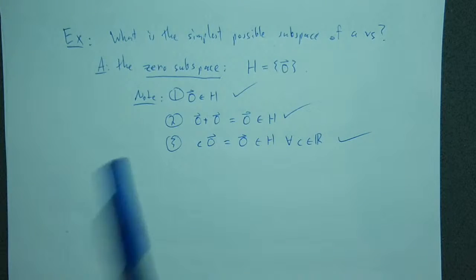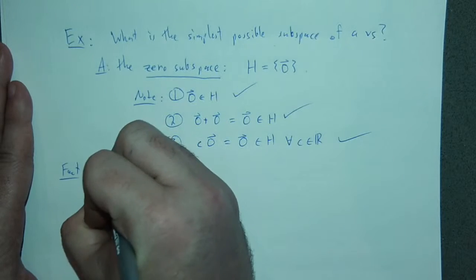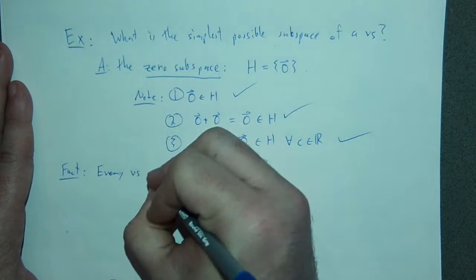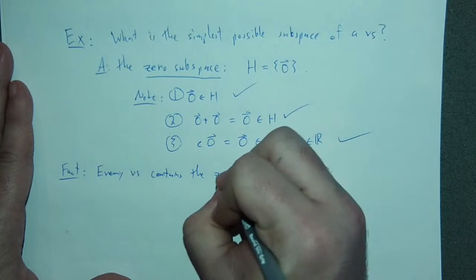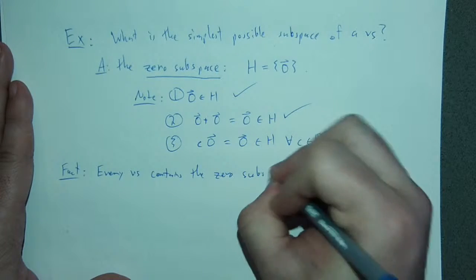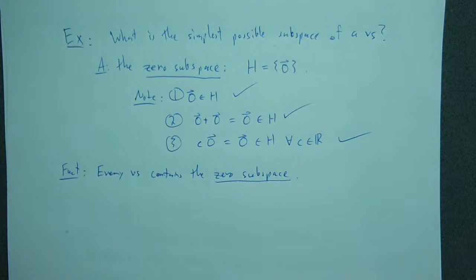Another note, in fact, every vector space contains the 0 subspace, where the 0 subspace is the subspace consisting just of the 0 vector for that vector space. So a vector space at least has the 0 vector. It doesn't necessarily have more than that, but it at least has the 0 vector.